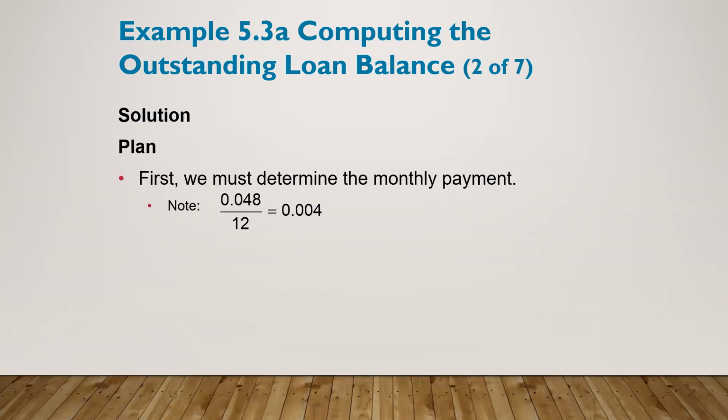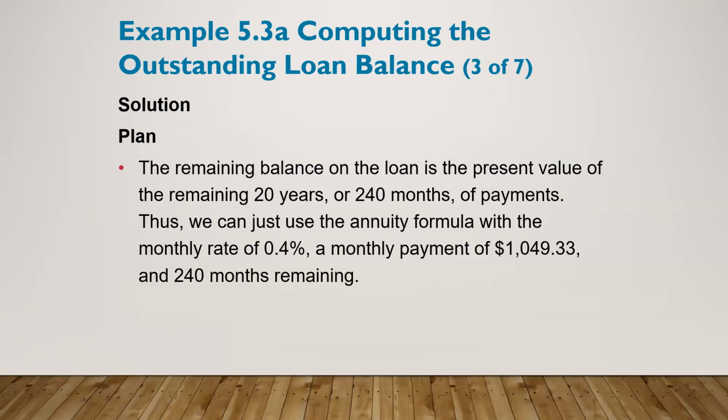Let's see. First, we must determine the monthly payment. You have 0.048 over 12 equals 0.004. The remaining balance of the loan is the present value of the remaining 20 years, or 240 months of payments.